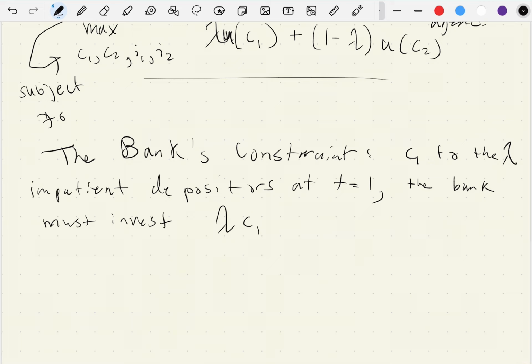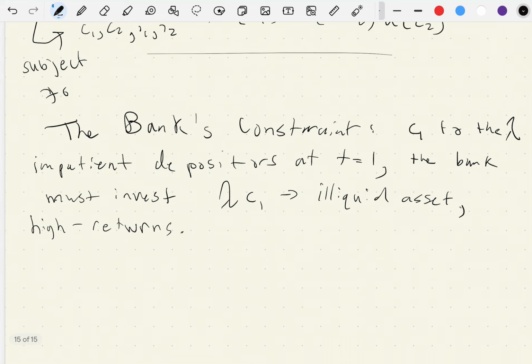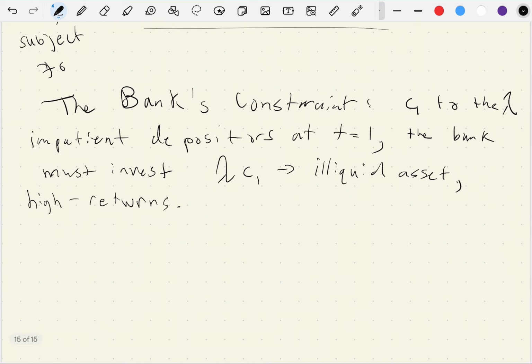Because it must invest lambda times C1, this has to go to the illiquid asset. And because this goes to the illiquid asset, we will convert that impatience into the high return asset, okay? And reap that.